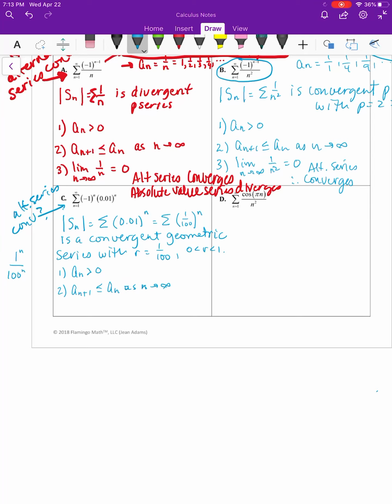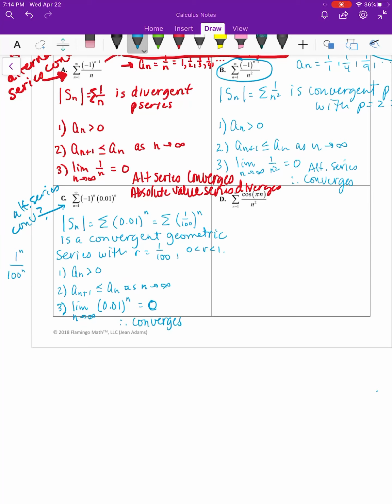Are all my a sub n's greater than 0? Yes. Are my values decreasing in magnitude as n goes to infinity? Yes, they're decreasing in magnitude. And remember, that's because it's 1 to the n over 100 to the n, so 1 to the 2 over 100 to the 2, 1 to the 3 over 100 to the 3. You can see they're decreasing.